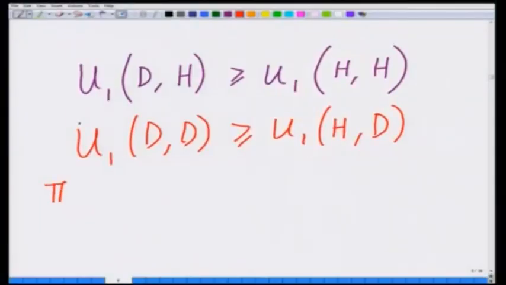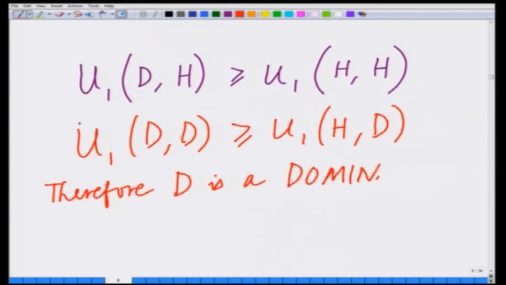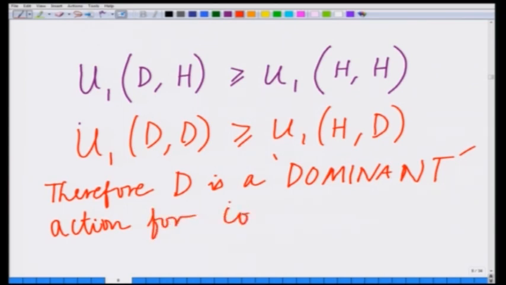Therefore, D is a dominant action, that is, it is always the best response irrespective of the action of the other player.